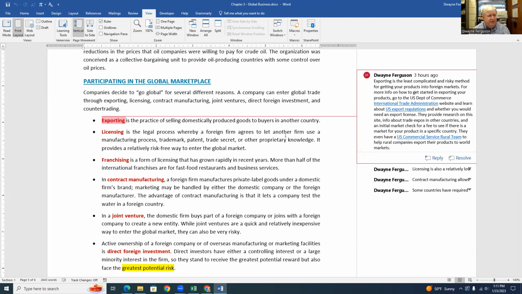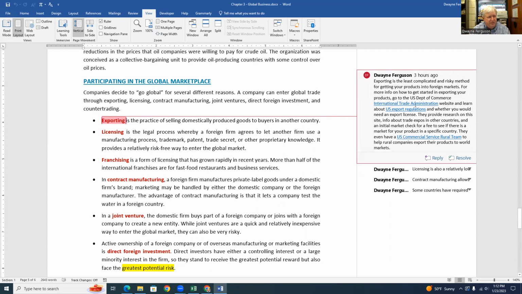You do that, and then it's pretty low risk because you've made the product and you know what the quality of the product is. It gets shipped over there. The only thing that could go wrong is it was damaged during shipment, but then it's put out on their shelves and they sell it. So it's pretty low risk.